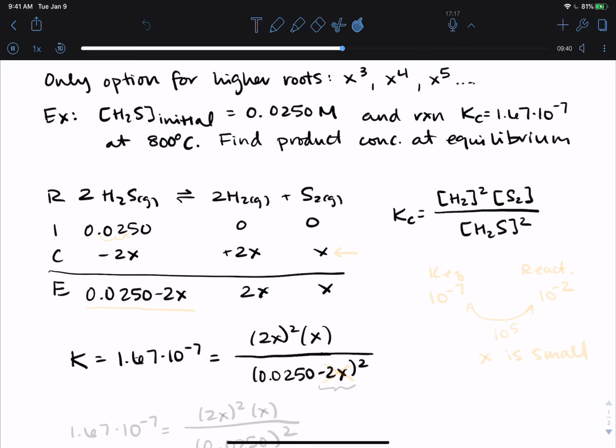So for the x is small approximation, what we're saying is that my equilibrium constant is really small. It's times 10 to the minus 7th.